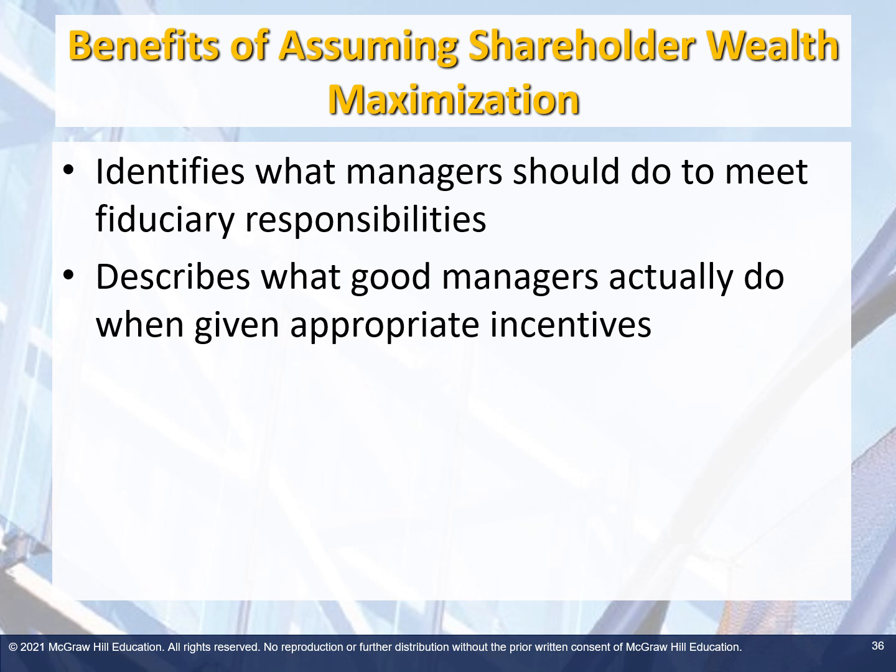Assuming shareholder wealth maximization helps identify what managers should do to meet their fiduciary responsibilities. This means that managers focus on making decisions that increase the value of the company for its shareholders. For example, a manager might decide to invest in a new technology that promises high returns, thereby increasing the company's stock price and benefiting shareholders.